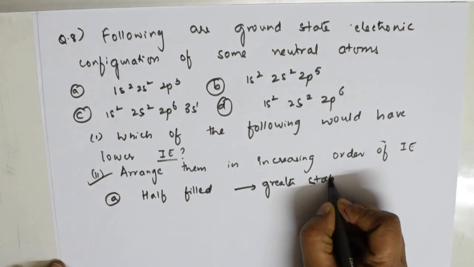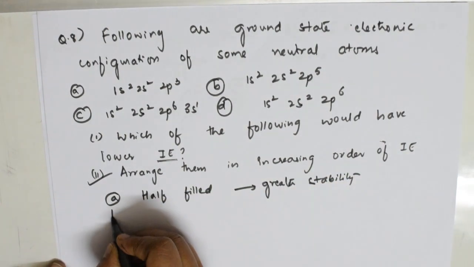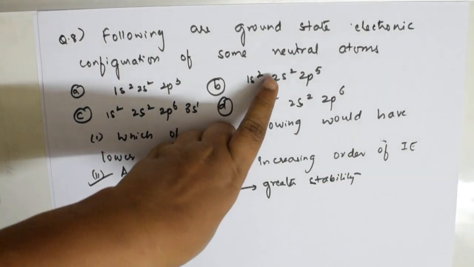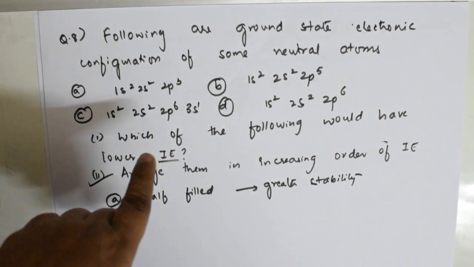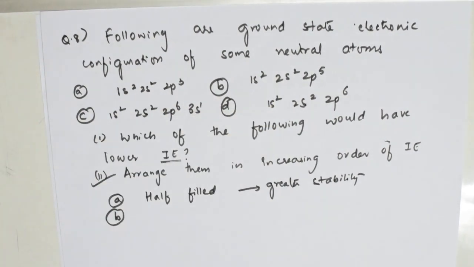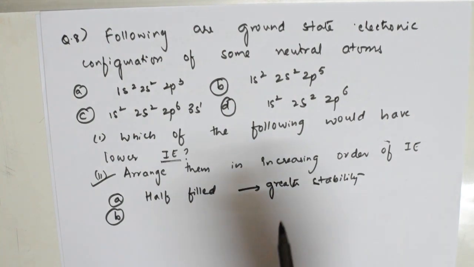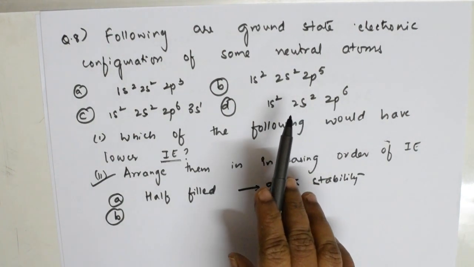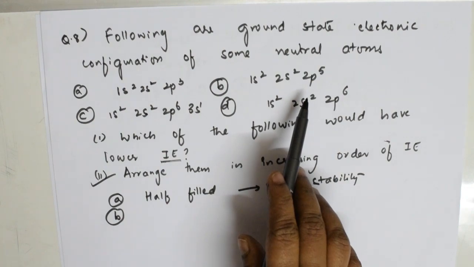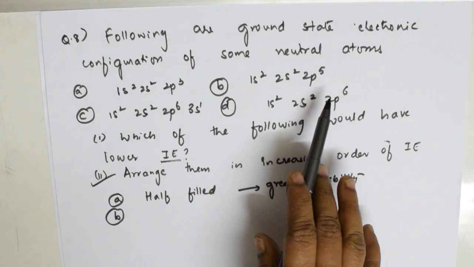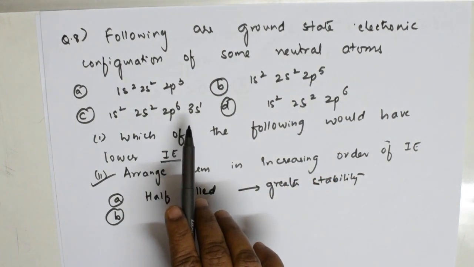Let us go to the second one, option B. How many electrons are there? 2p5 electrons. We will keep this aside, come back to this option and then justify.